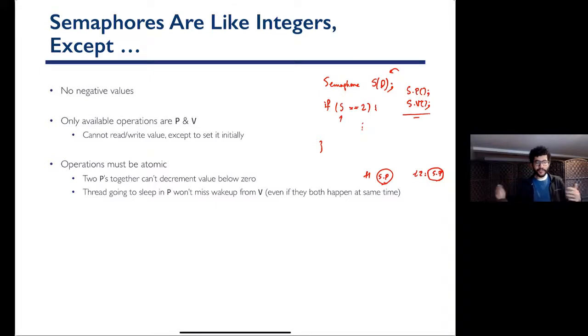The same with P and V. If two threads, one of them is calling P and the other one is calling V, one of them runs first and then the other one runs, right? Either we first run V and then P, or we first run P and then V. We can't run them at the same time. So they're atomic, even if somebody calls them at the same time. The operating system makes sure that they're going to be atomic.